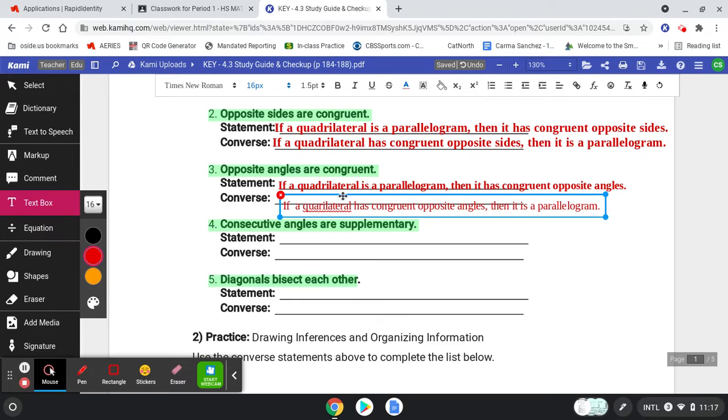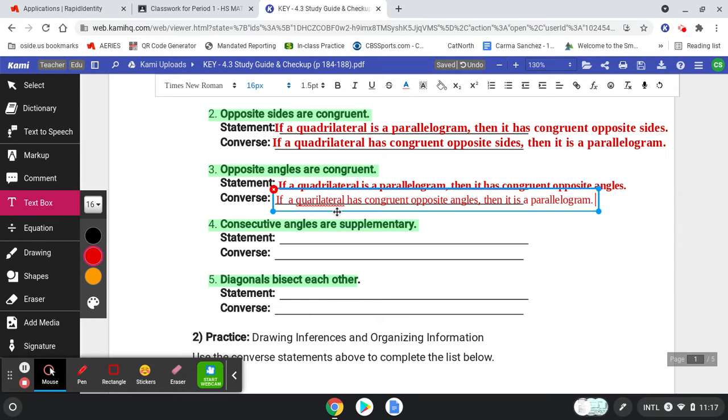So again, we're taking the original if-then statement and we're reversing it. And this is called the converse.